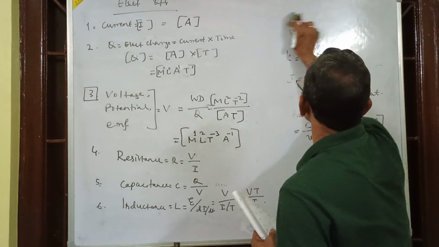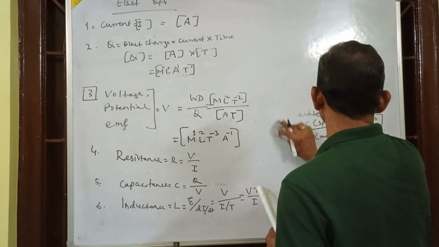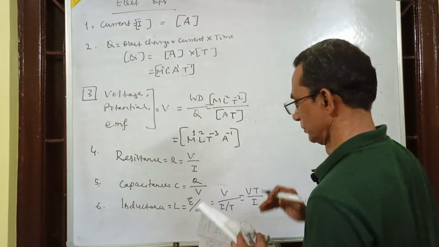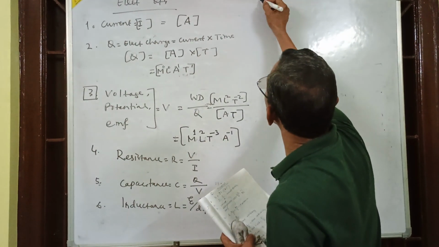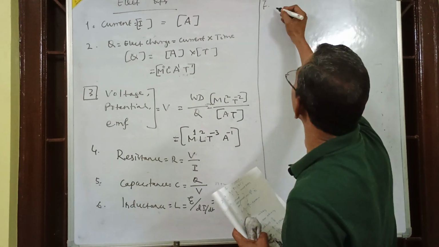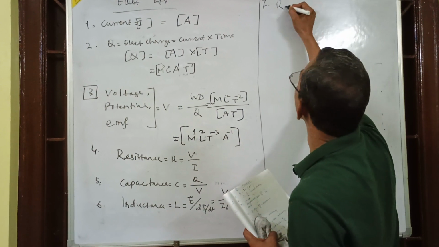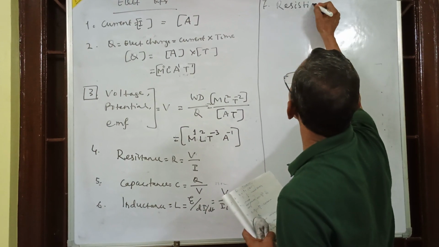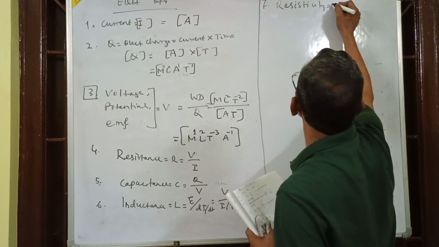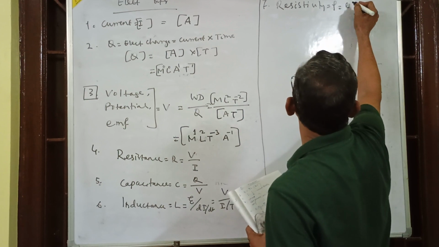Our next terms are resistivity. Resistivity is rho.